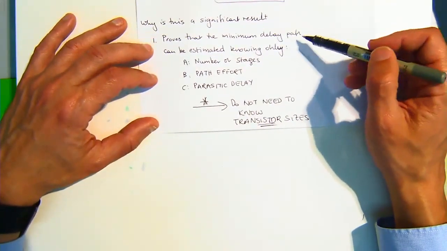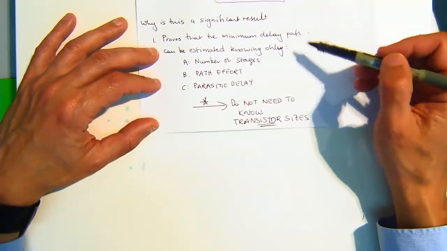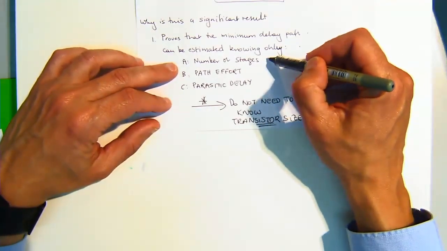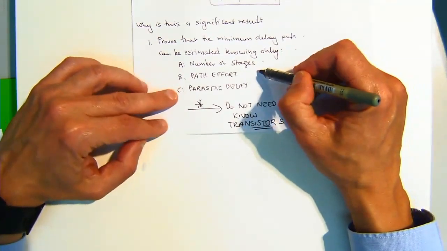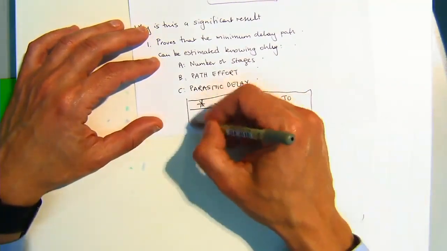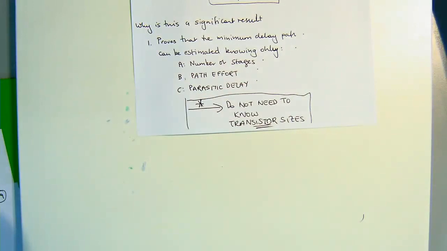It proves that the minimum delay of a path can be estimated knowing only the number of stages, the path effort, and the parasitic delay. I don't need to tell you anything about the transistor sizes in order to calculate what the minimum delay is going to be. You get that for free.